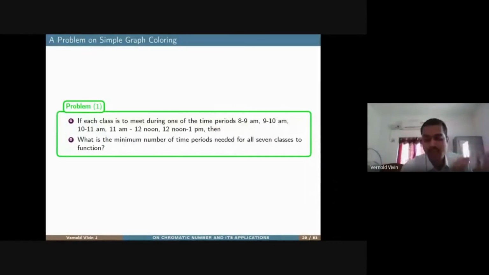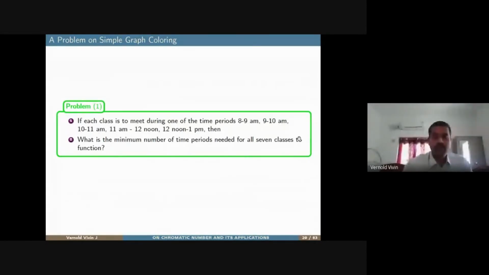This is the first shift, so here you can find 5 hours. Then what is the minimum number of time periods needed for all 7 classes to function?